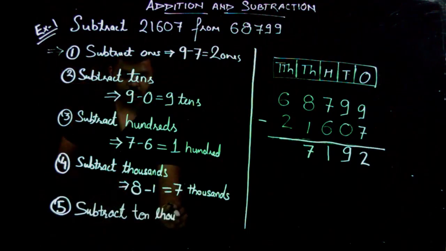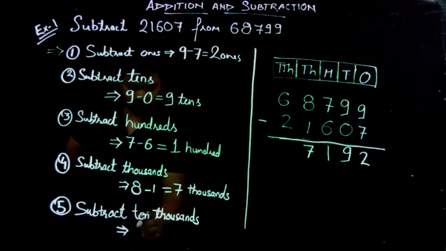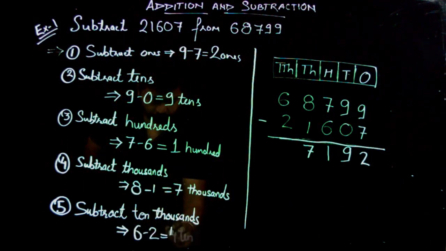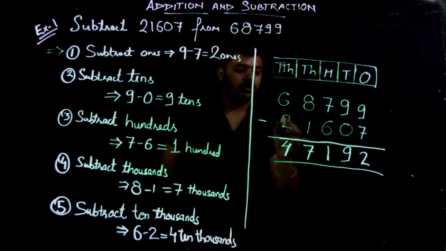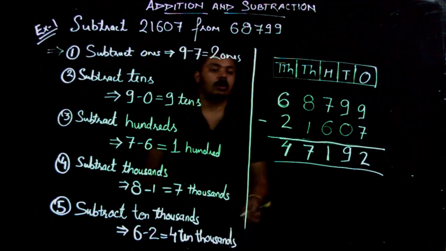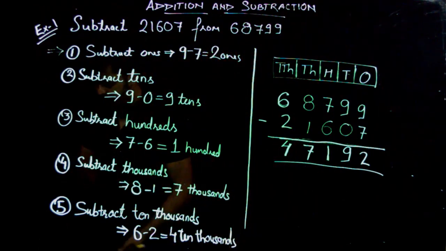Now the last step is to subtract 10,000s, that is 6 minus 2 equals 4 10,000s. So the resultant, or the difference, is 47,192.